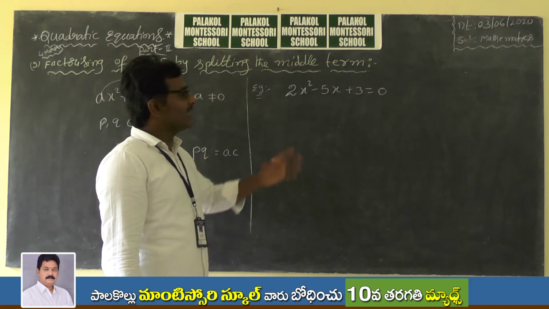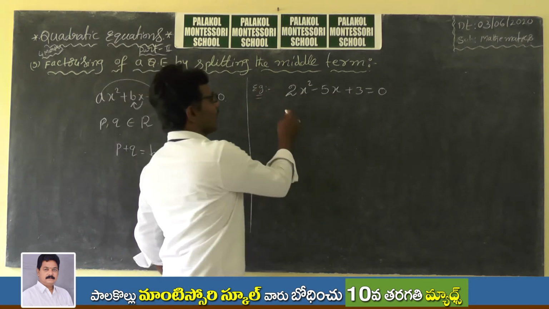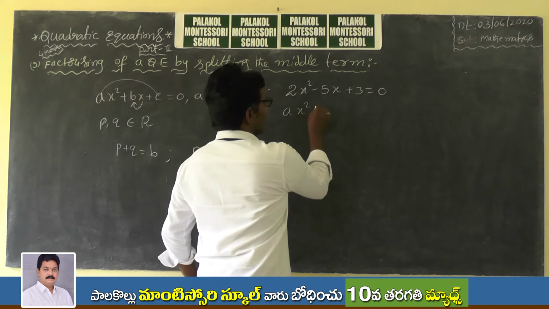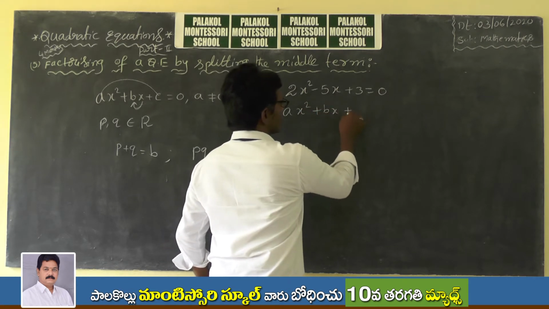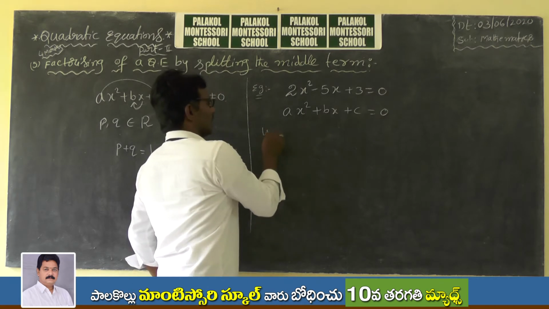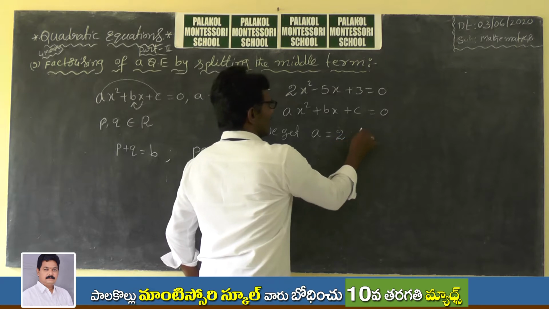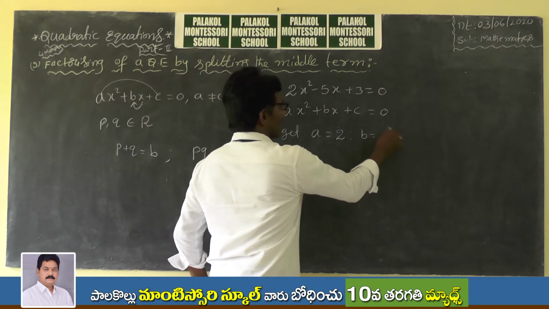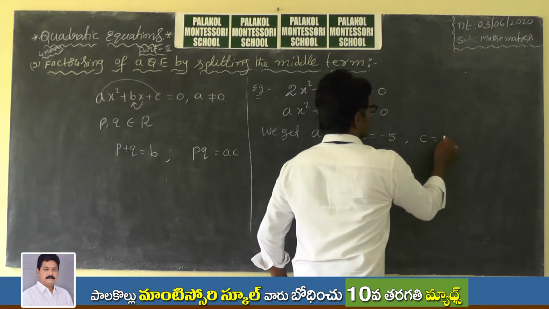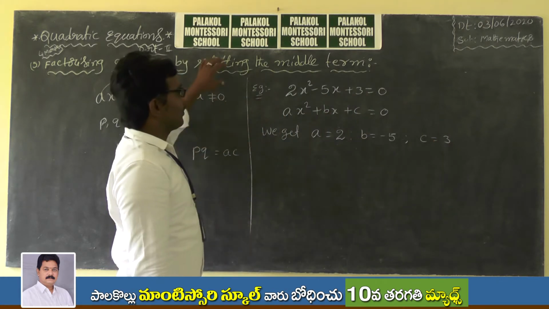First you compare this given sum with the standard form of the quadratic equation ax square plus bx plus c equal to 0. Now you get a is equal to 2, b is equal to minus 5, c is equal to 3. So what is the process of splitting the middle term?